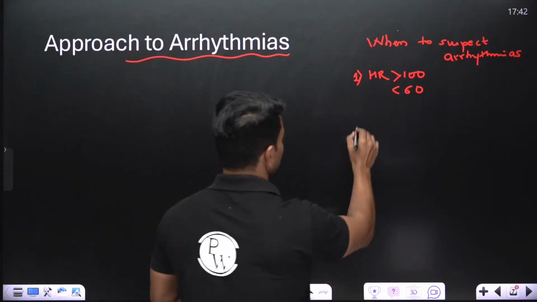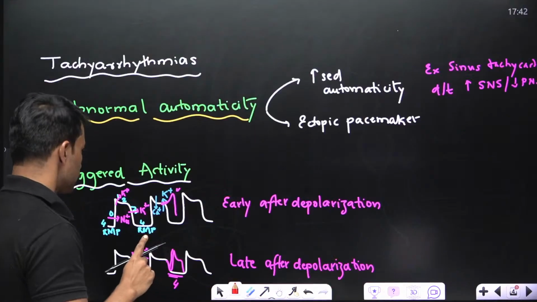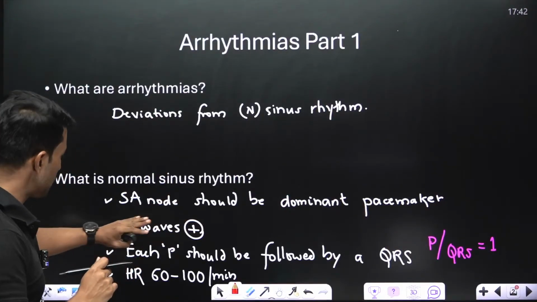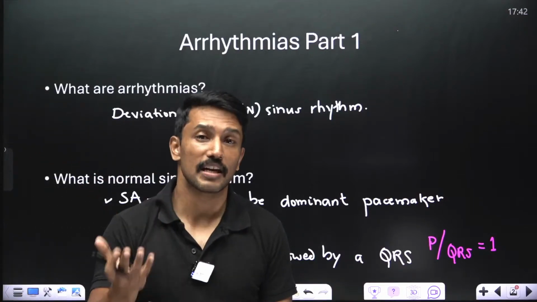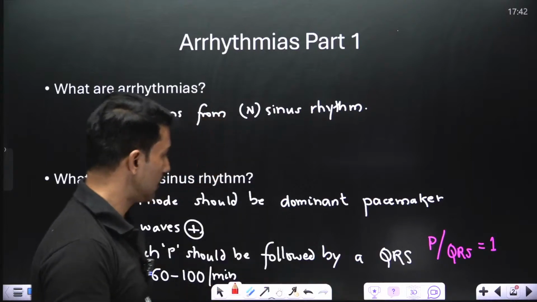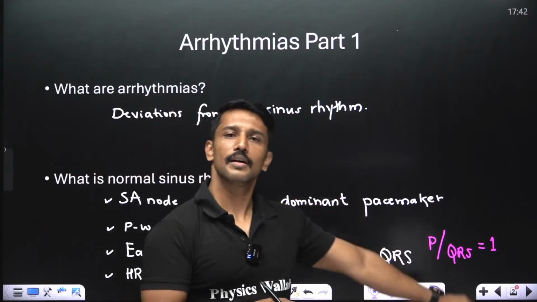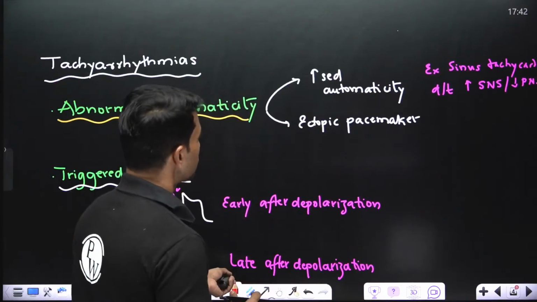Okay. Second, how did we define normal sinus rhythm? Remember, in normal sinus rhythm, when I look at the ECG, the dominant pacemaker is the SA node. In that case, there should be identifiable P waves. So if morphologically distinct identifiable P waves are not there, that means the patient may be in arrhythmia, right? And then if I identify P waves, the number of P waves should be equaled by the number of QRS complexes. So if there is deviation, again I should suspect arrhythmias.